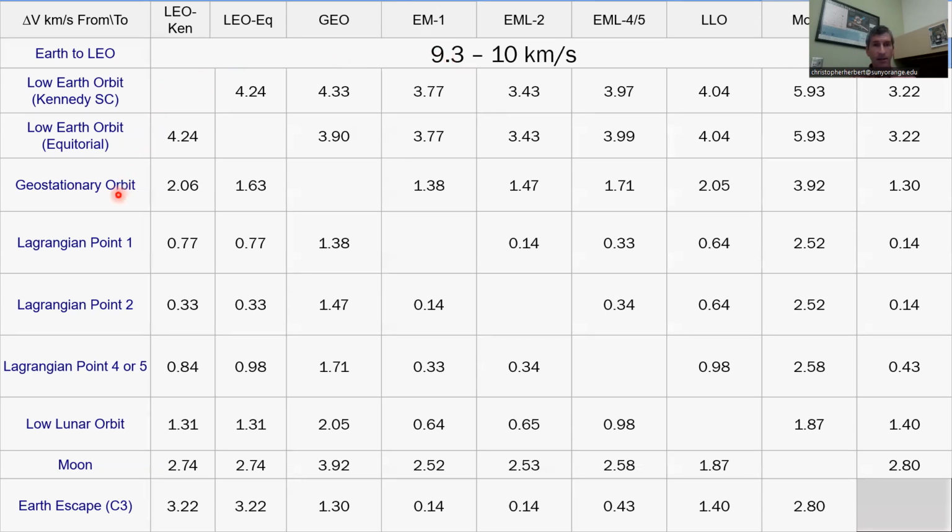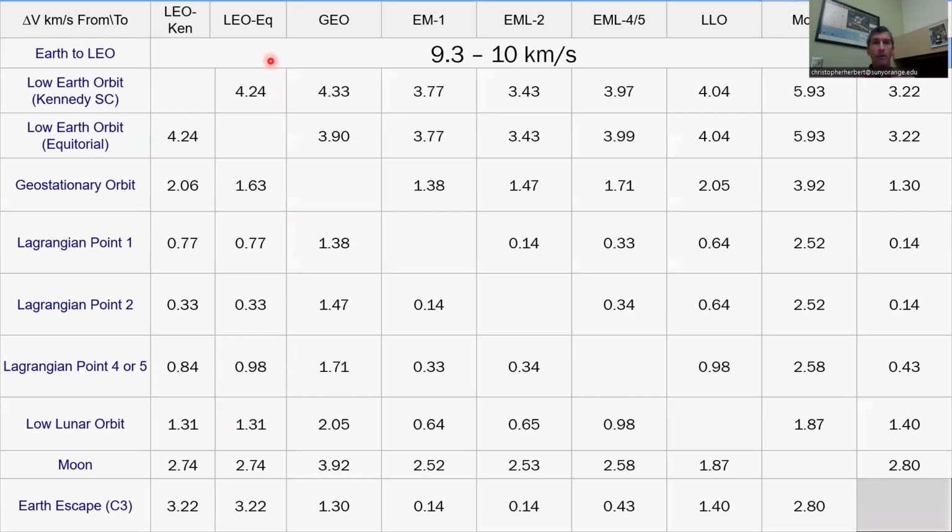But again, you can see to get to geostationary orbit, how much it takes to get from low Earth orbit to Lagrange point 1 and 2, how much energy that takes. I believe the Webb Space Telescope is in Lagrange point 2. And then low lunar orbit, how much energy it takes to get there, and how much energy it takes to actually land on the moon.